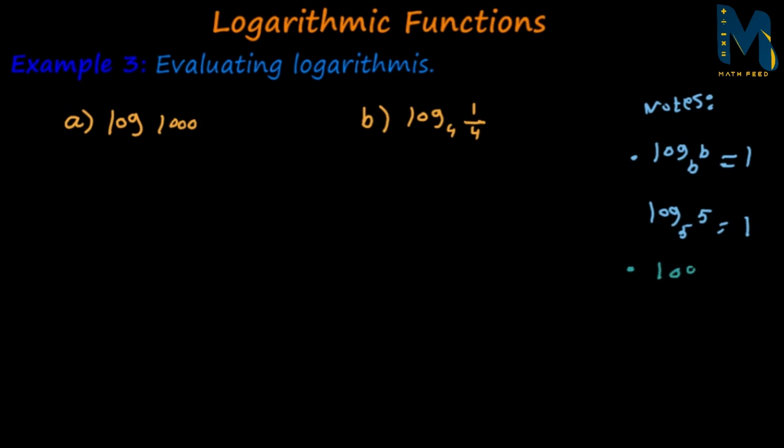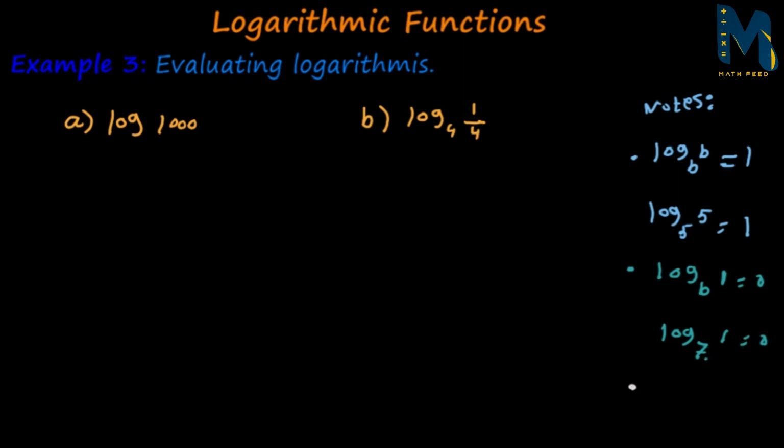The second note is log, whatever the base is, of 1 equals 0. For example, we have log base 7 of 1 equals 0, because 7 to the power 0 equals 1.